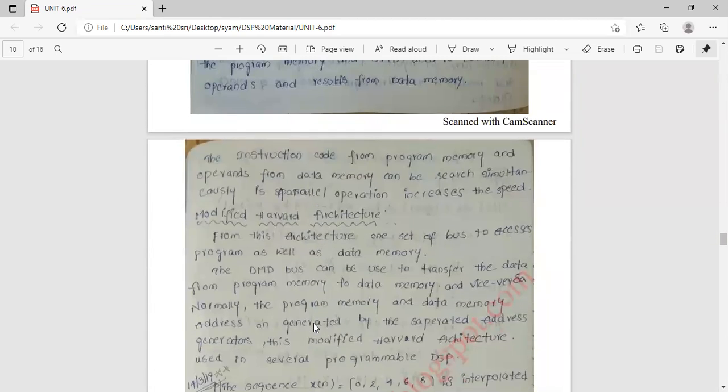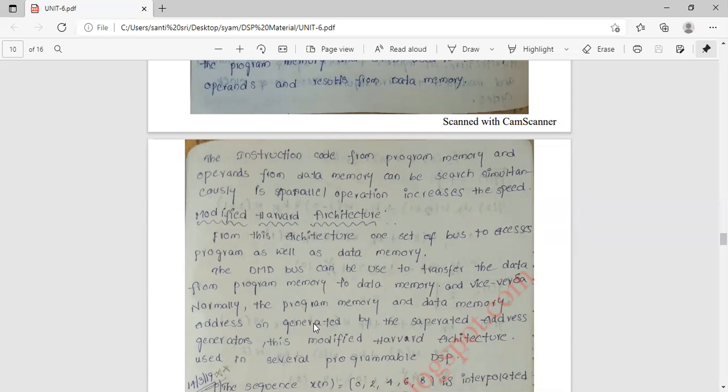In the modified Harvard architecture, one set of buses is used to access program as well as data memory. The DMD, data memory data bus, can be used to transfer data from program memory to data memory and vice versa. Normally the program memory and data memory addresses are generated by separate address generators.